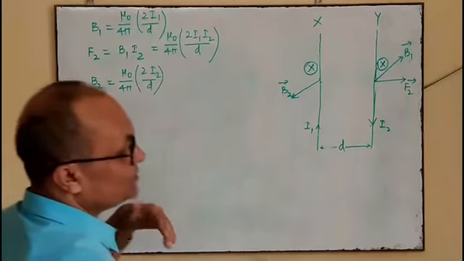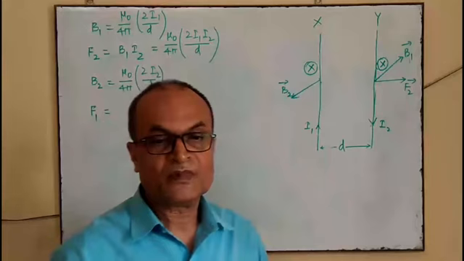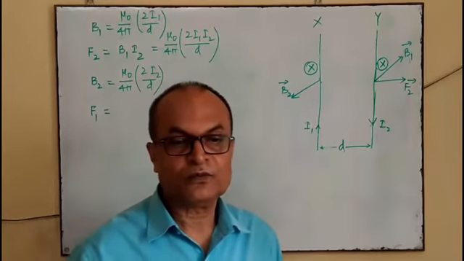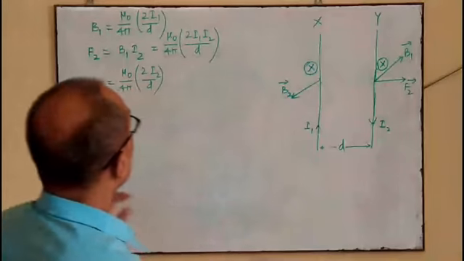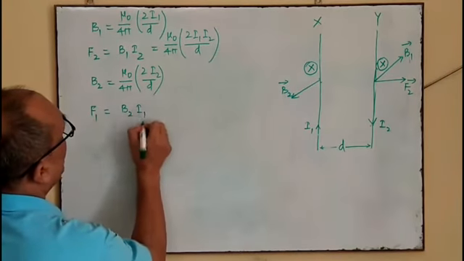So the force on this one will be F1, using the same formula BIL. For unit length, the force will be B2 I1.